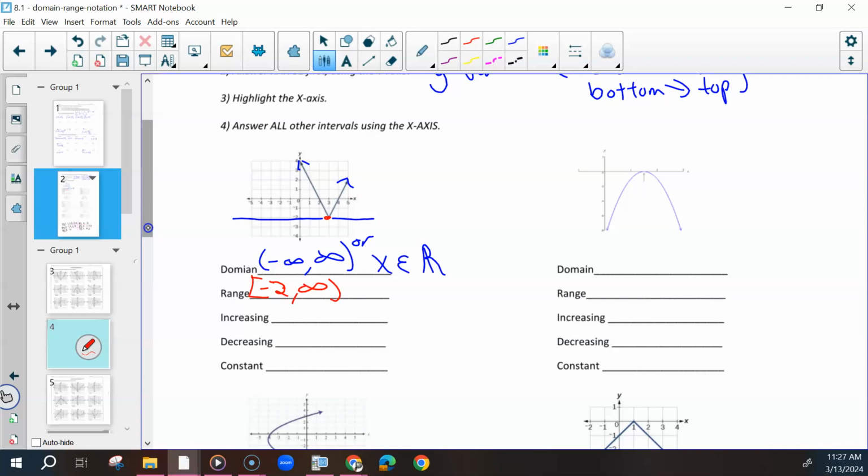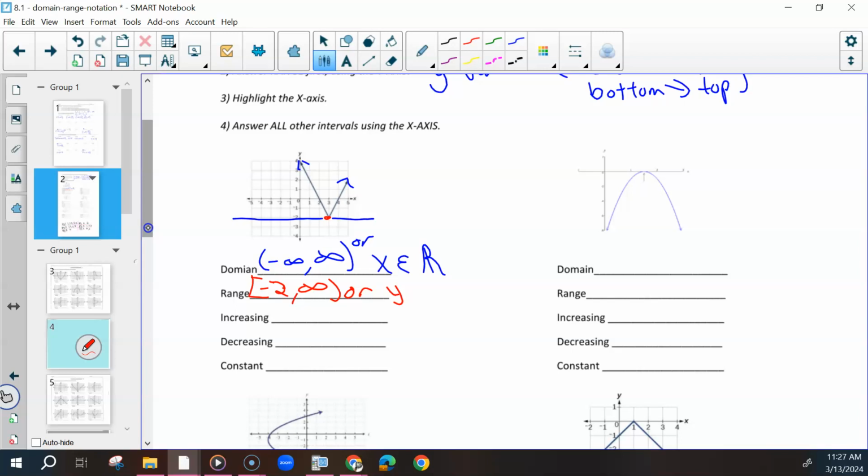So if we were to write this in set builder notation, range is y value, so we would put y here. Would that be greater than or less than -2? -2 to infinity. Would that be above or below -2?